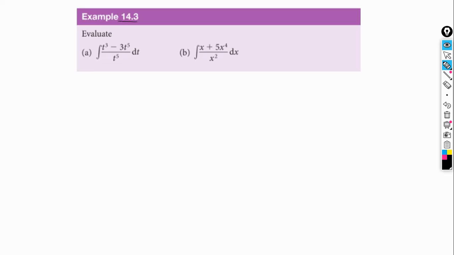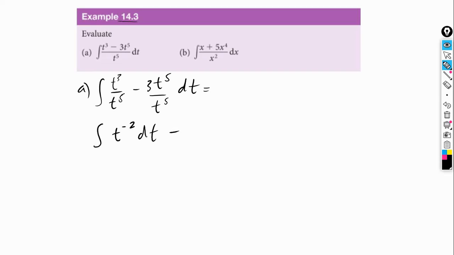So notice that we can rewrite this as the integral of t cubed over t to the 5 minus 3t to the 5 over t to the 5, and don't forget dt. And then we can simplify this. This would then equal the integral of t to the minus 2 dt minus the integral of 3 dt.